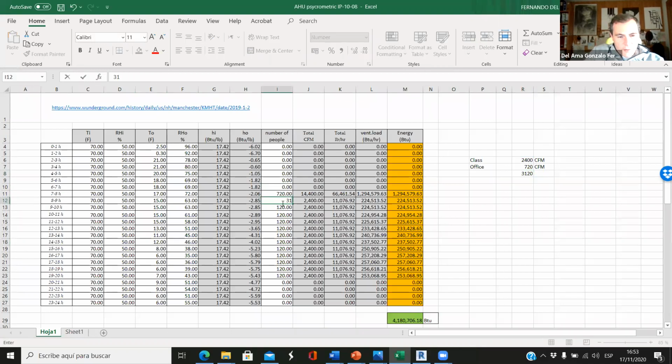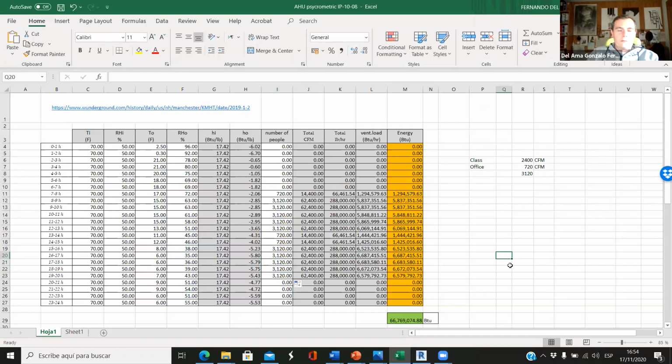So this is 3,120, and this is from 8 to 1 p.m. Then from 1 to 3, it's only 720. From 1 to 2, from 2 to 3. And then the rest of the afternoon, it's 3,120, from 3 until 8. There you go. Okay, so this is the schedule.